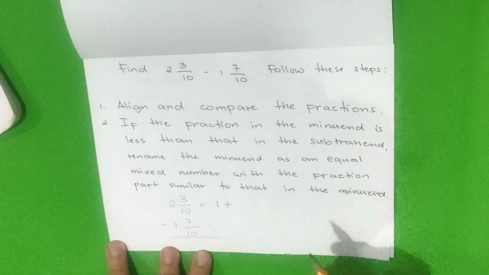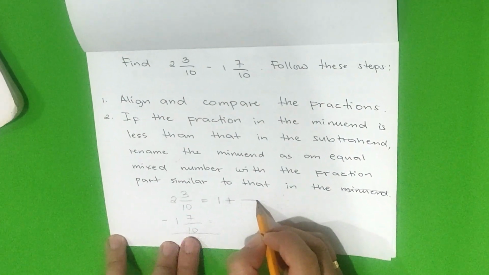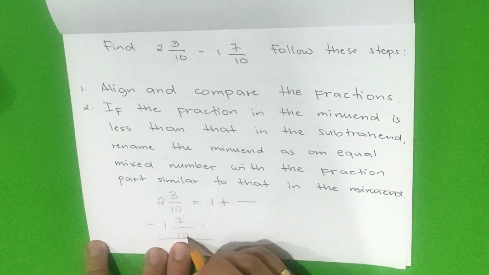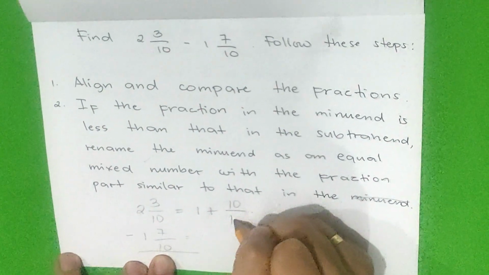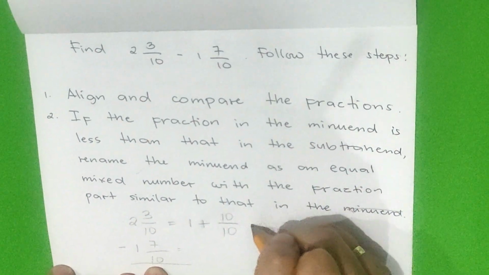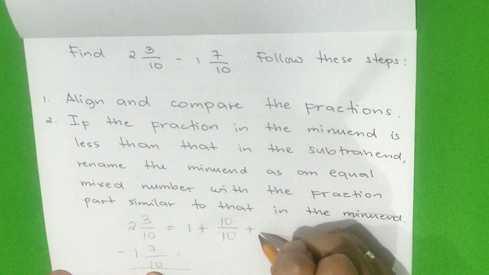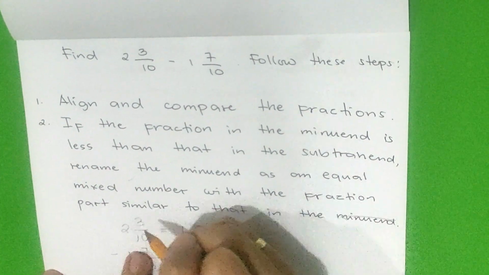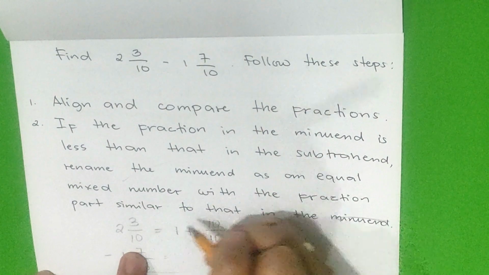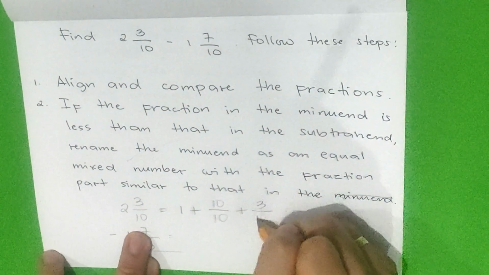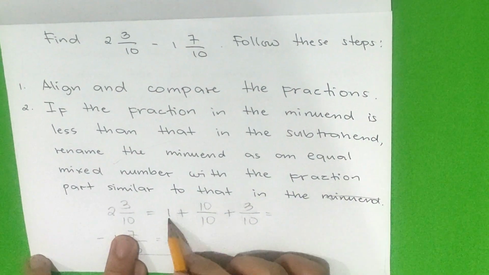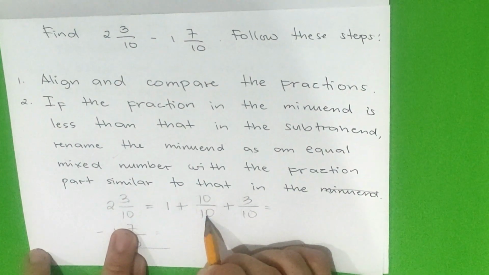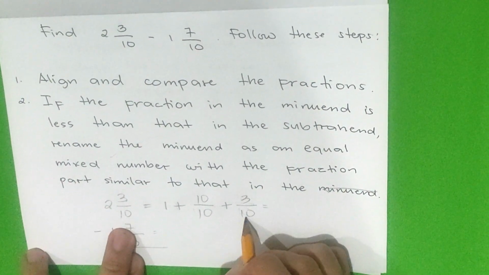Then, let us copy the denominator of the subtrahend, which is 10, as the numerator and the denominator. And let's write an addition sign and write the original proper fraction 3/10. Let's add them all together: 1 plus 10/10 plus 3/10.